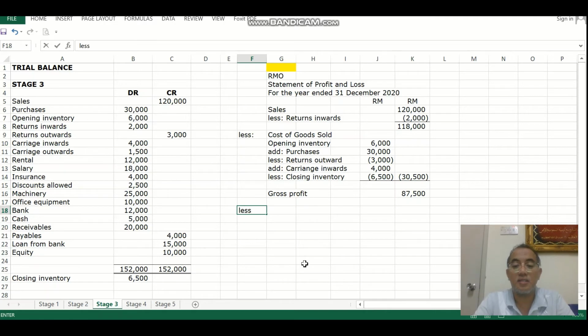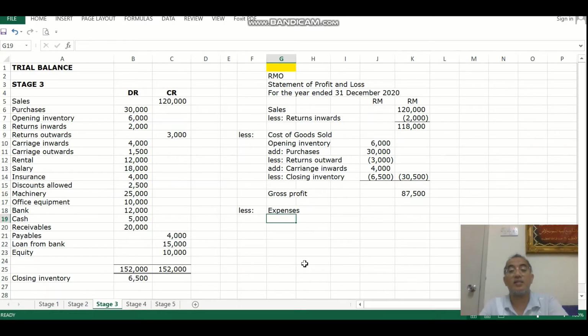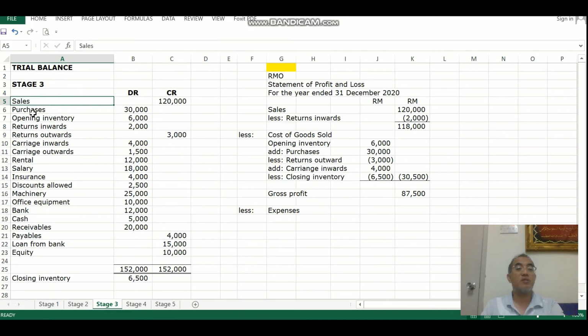Less expenses. If let's say we have other income, we put other income here first, then we minus expenses. Starting from the top, sales is not, purchases is not, and okay, carriage outwards, just like I said just now, carriage outwards is your transportation charges, sending goods to your client.